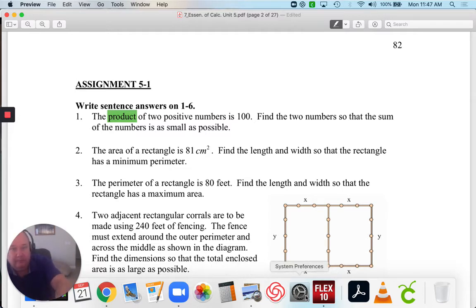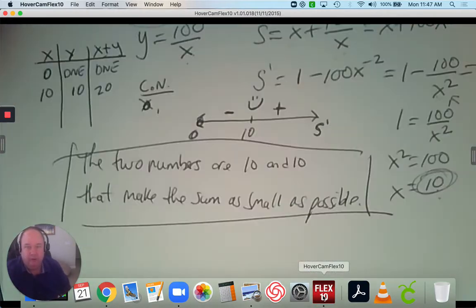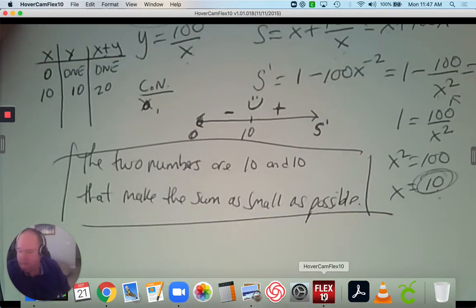And it's over. Let me show you my work. So the two numbers are 10 and 10 that make the sum as small as possible.